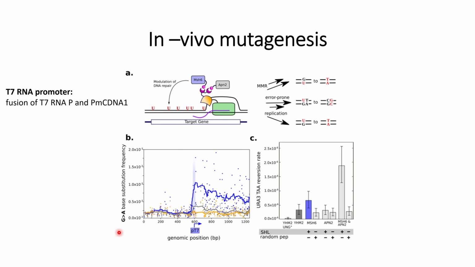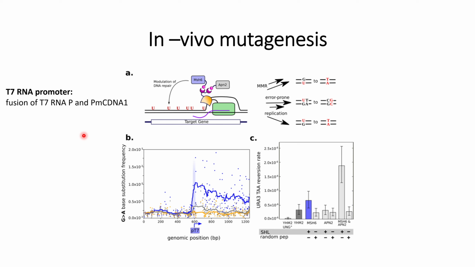The whole sequence in panel B shows the replacement of G with A in the complete gene sequence of a particular protein. We can see that the orange color represents the mutation.